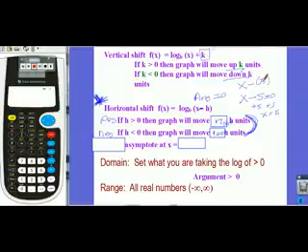Take the argument, set it equal to 0, and solve. So if my argument here was x minus 3, set that equal to 0 and solve. Again, I would add 3 to both sides. I get x equals a positive 3.